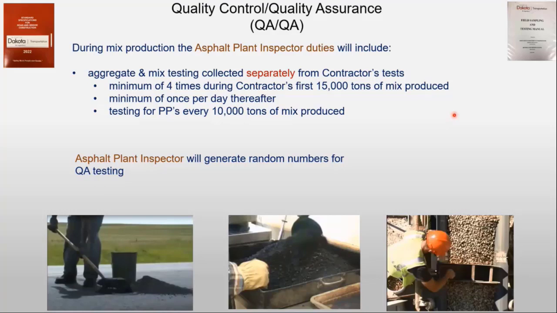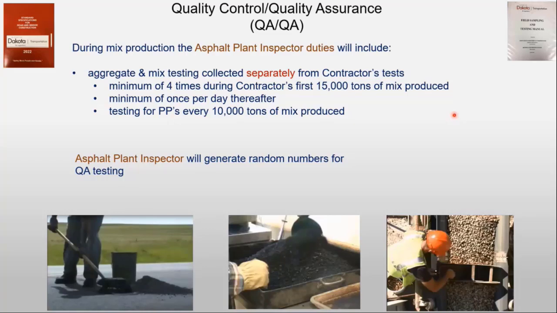We talked about the split earlier, but that was just for setting aside and not using it, in case there's some dispute. For the tests we go out to get, the QA people generate our own random numbers, and we have an increased frequency for the first few tests, and then we can go down to once a day. But I have to stress that it's separate.